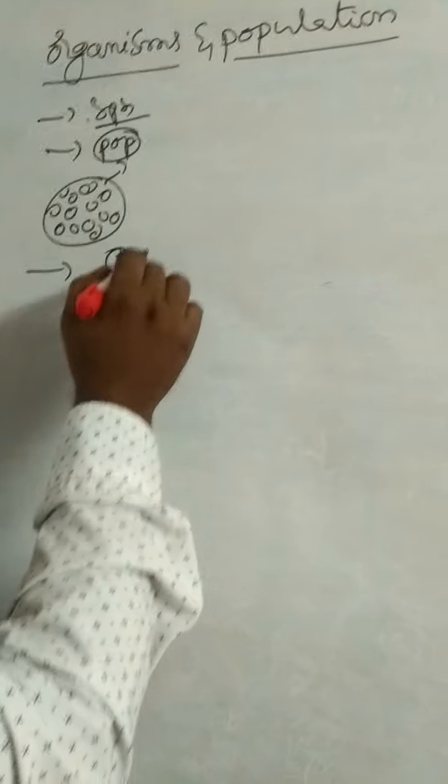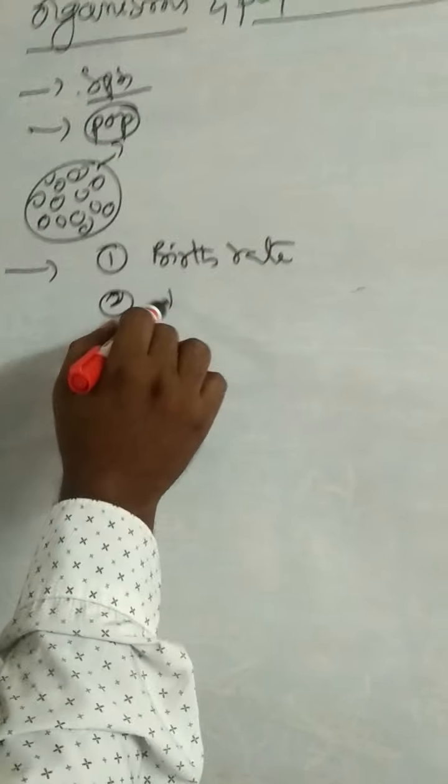The attributes of a population are, one, birth rate, and second, death rate.